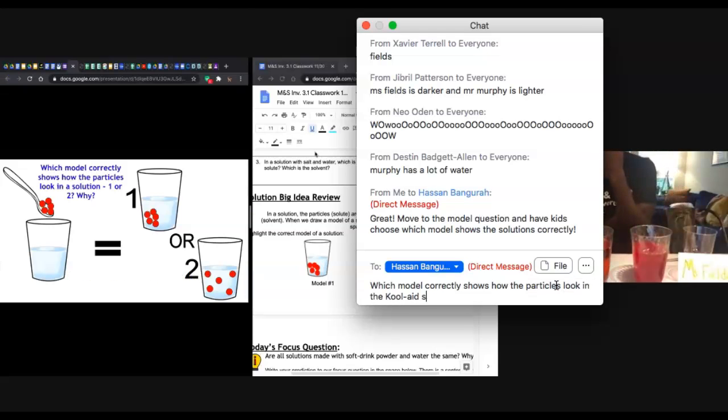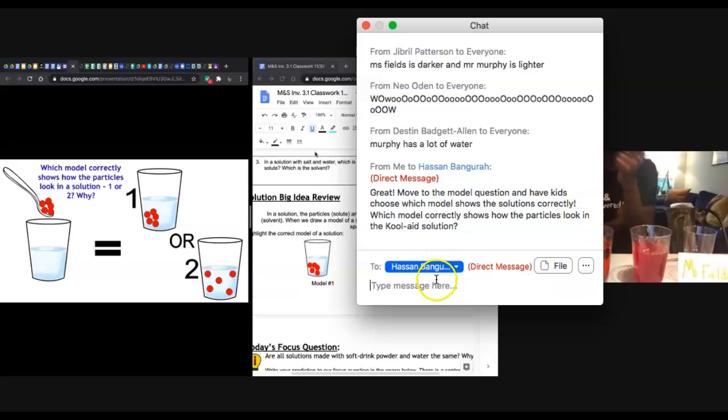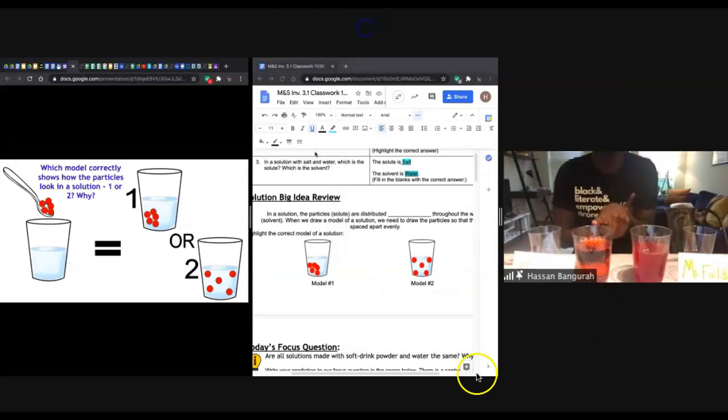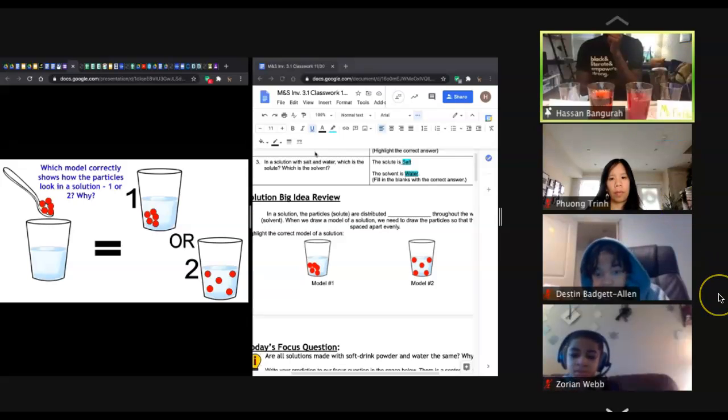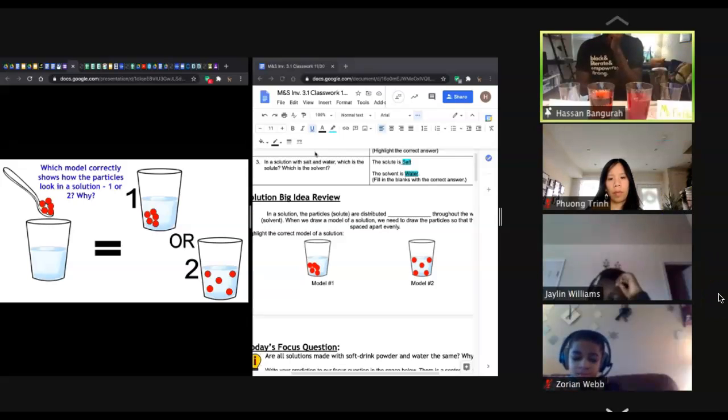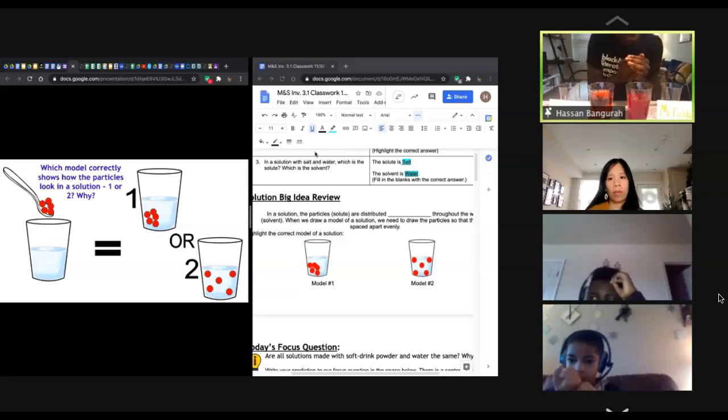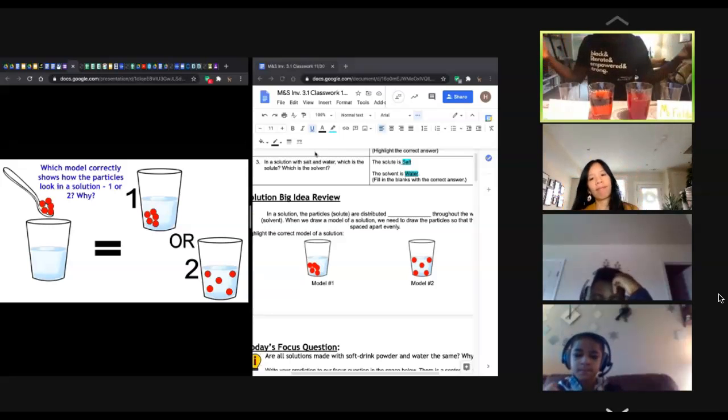Jalen, Dwayne, wow. Jalen, unmute. Tell me which one correctly shows the particles in our Kool-Aid solution. I said 2, because number 1 they're together, and number 2 they're spread out. Yeah, perfect.